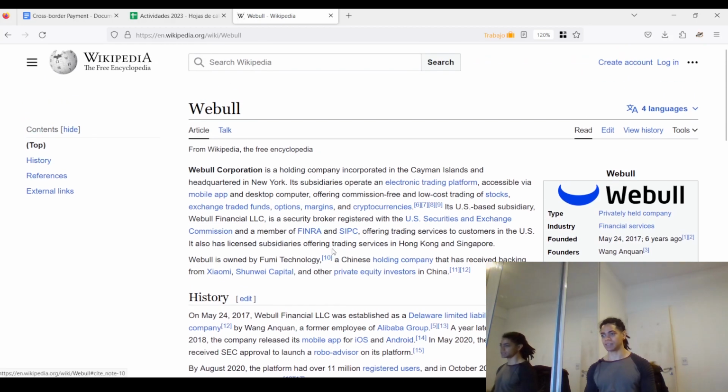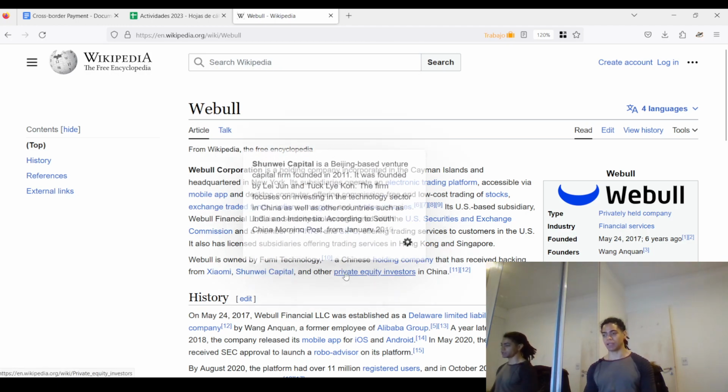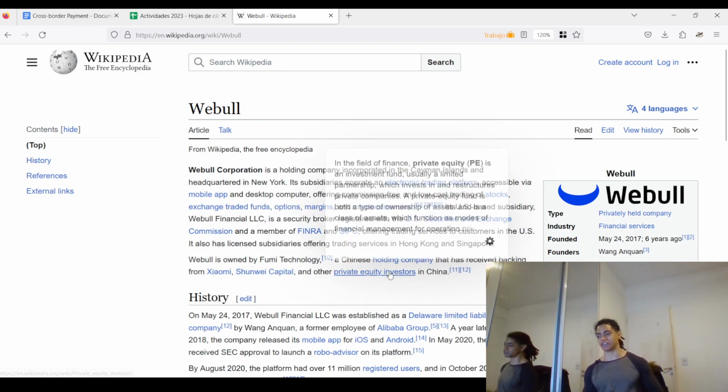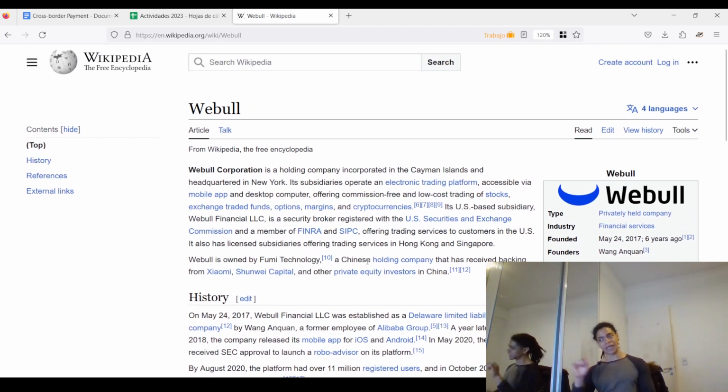Webull is owned by Fumi Technology, a Chinese holding company that has received backing from Xiaomi, Sunwen Capital, and other private equity investors in China.